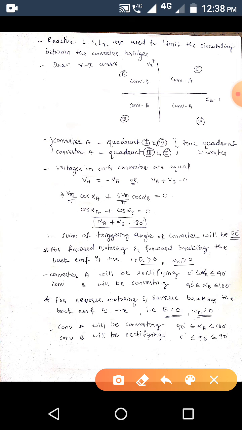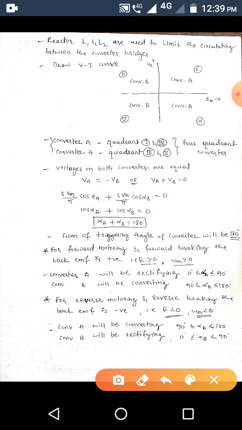Similarly, when the drive is in reverse motoring and reverse braking, that is quadrants 2 and 3, the back EMF will be negative, that is less than 0, and the speed is also negative.